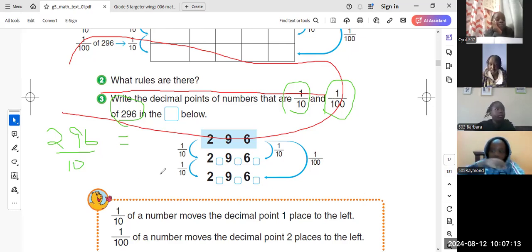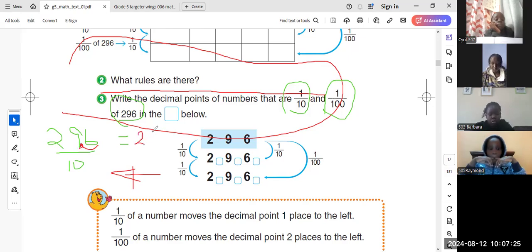Now, because it's division, you move it one place to the left. So we are assuming the decimal is here. If you divide by 10, it will be 29.6. These are the rules for multiplication and division of numbers with decimal points.